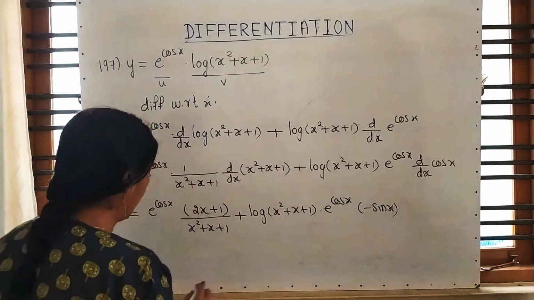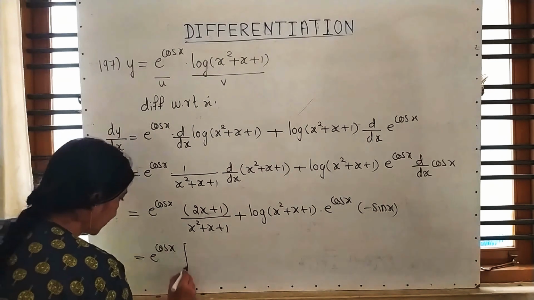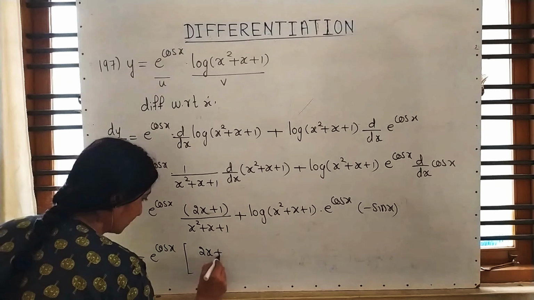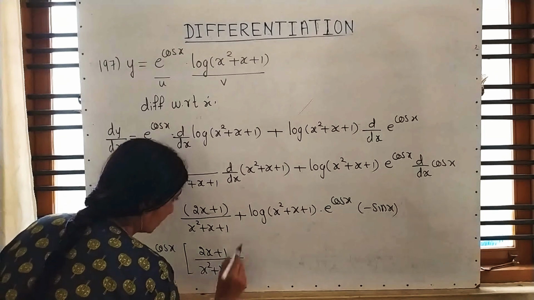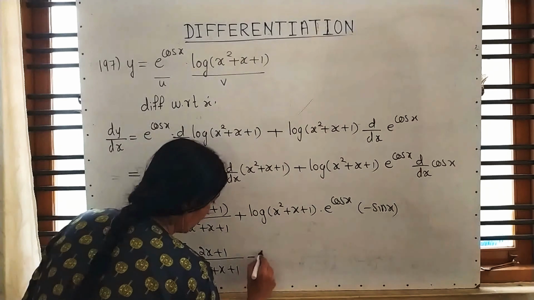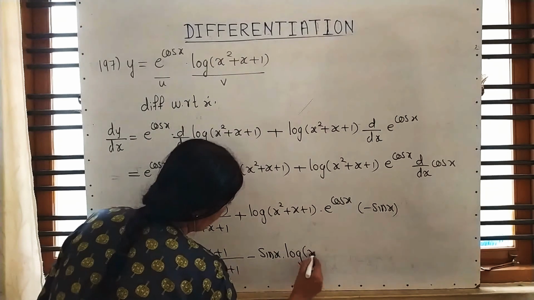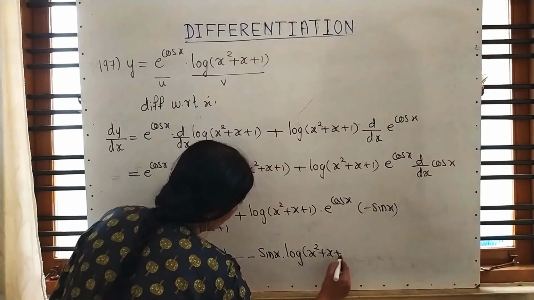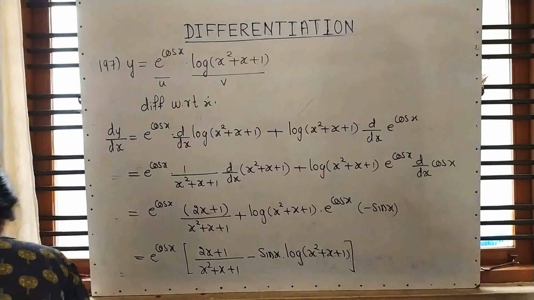Now if you want you can take e raised to cos x common. Plus into minus is minus. Okay, this is how we are solving. Moving to the next question.